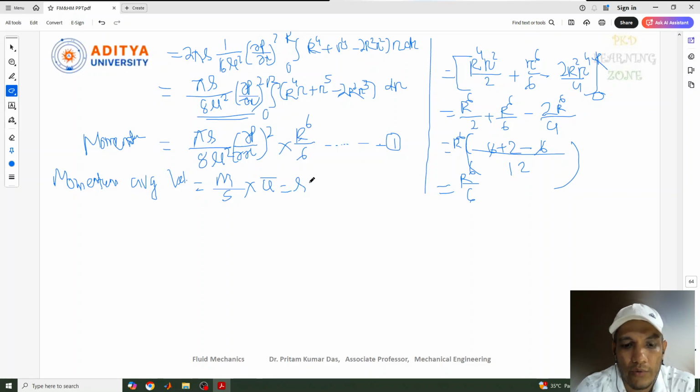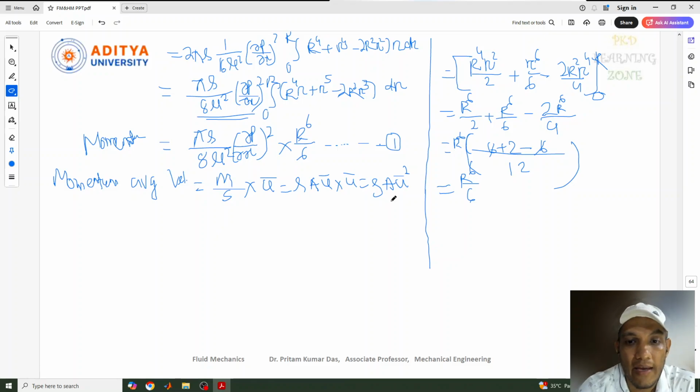So this one, rho A v, I can write rho A u bar, velocity into u bar again. So very simple, you can write rho A u bar square. Now here again one more thing, we need to consider the u bar value.